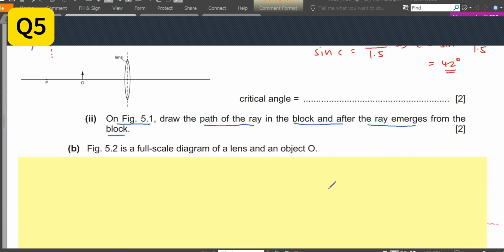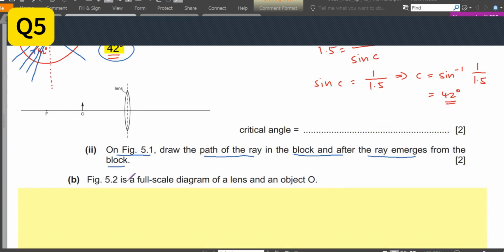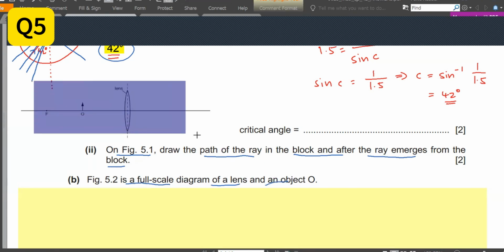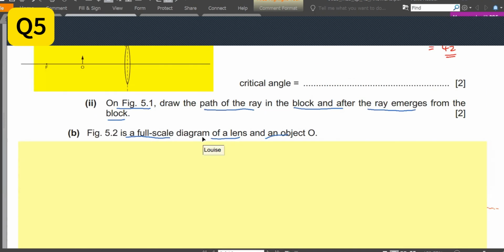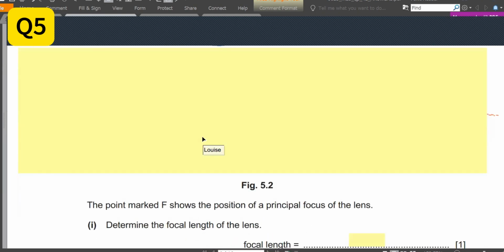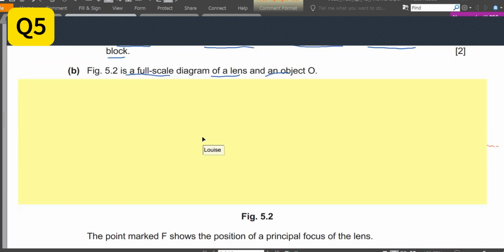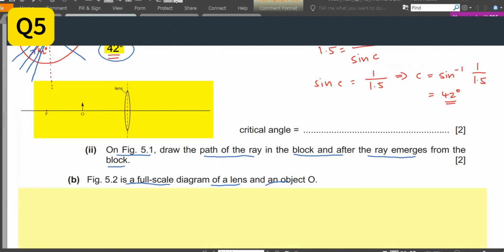Next question. Figure 5.2, we are given a full scale diagram of a lens and an object. Point F shows the position of the principal focus.